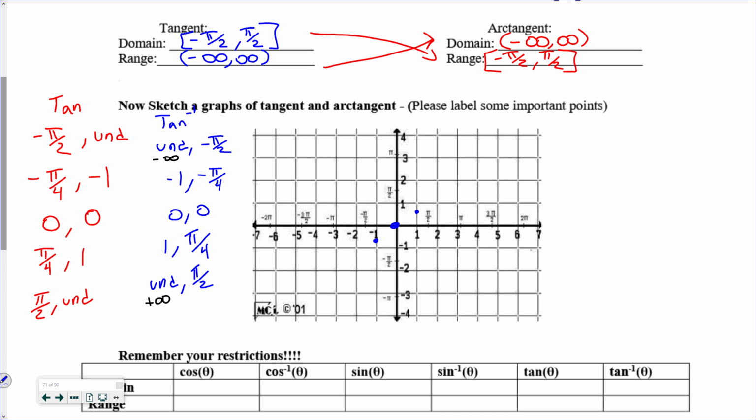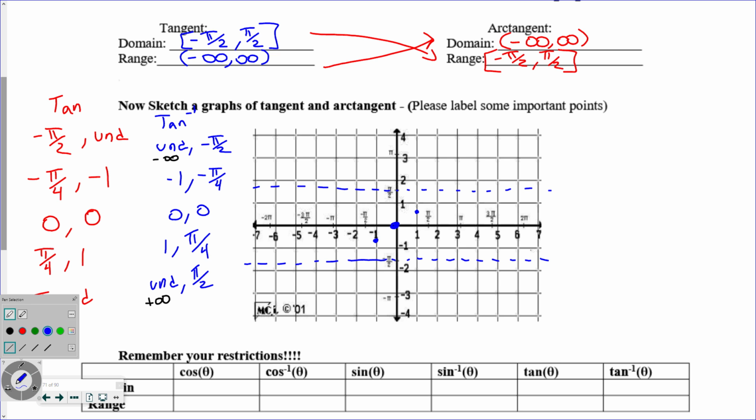And as I approach infinity, my graph is going to approach these asymptotes. Initially these were vertical asymptotes. Now on the inverse, they are horizontal asymptotes. And so we can play our connect the dots game. This one's going to swoosh this way, and this one will swoosh downwards. So filling that out gives me my tangent inverse graph.